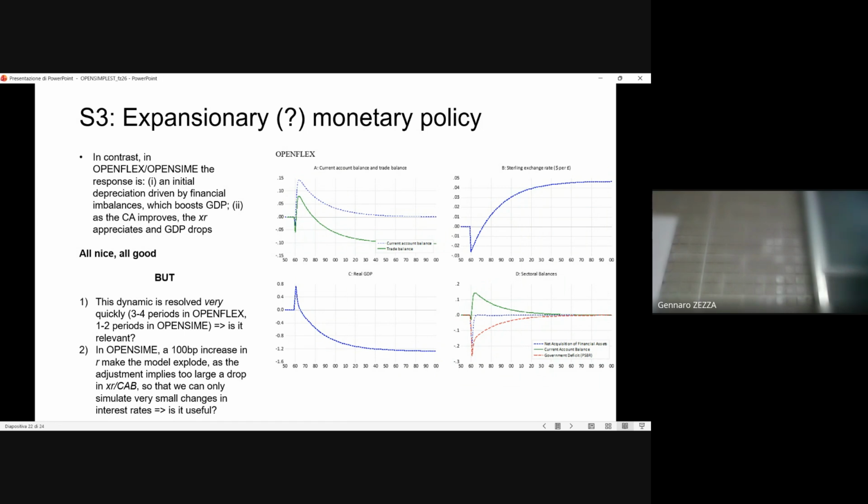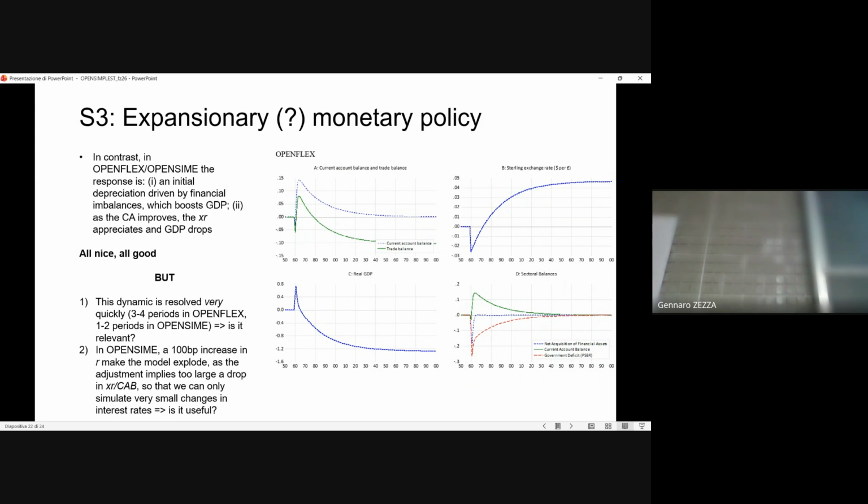In the OpenFlex, this first depreciation and afterward appreciation happen over a number of periods. In the model from Carnevali, this is very short. So the figure will look something like this, with the exchange rate responding way faster.